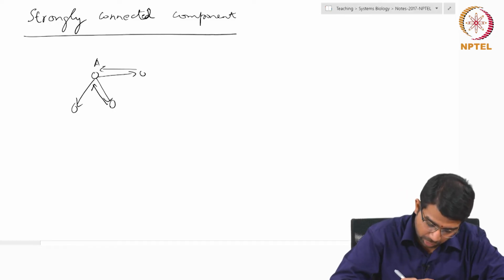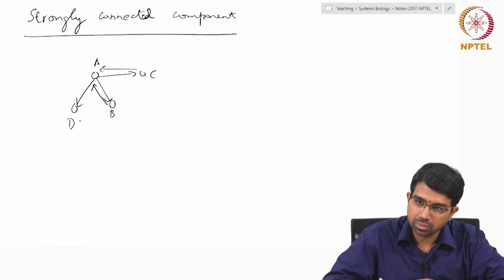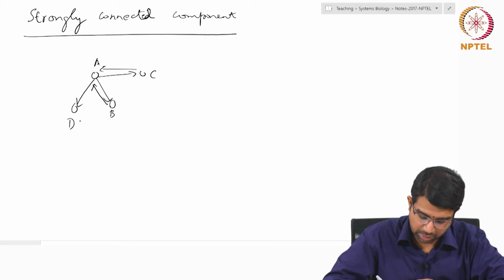So, in this graph what would be a strongly connected component? Is it ABC?